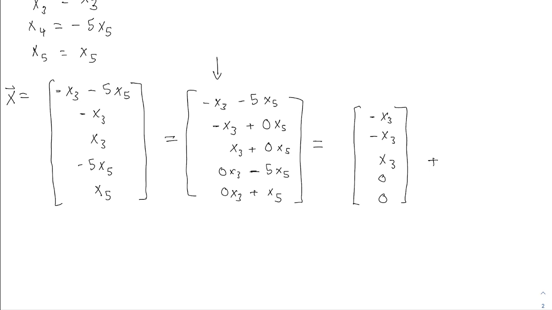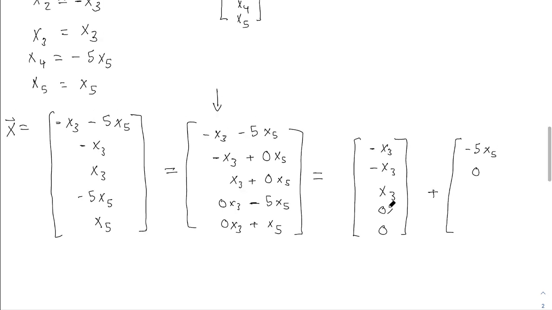So if I'm trying to get my x5s, I'm just going to take whatever's left. So I'm adding these two vectors together. So we're going to have negative 5x5 here. We're going to have 0 here, right? Because there are 0 x5s.